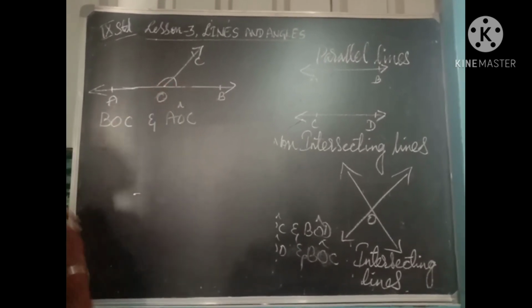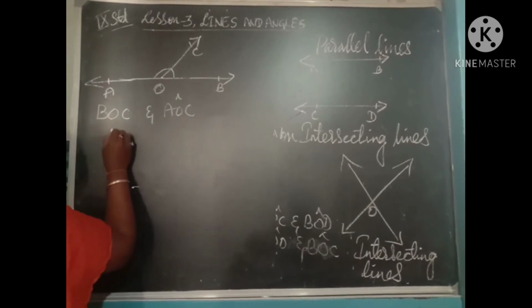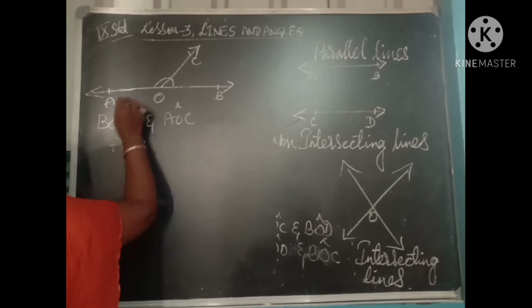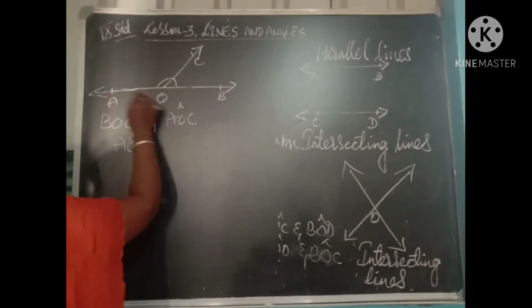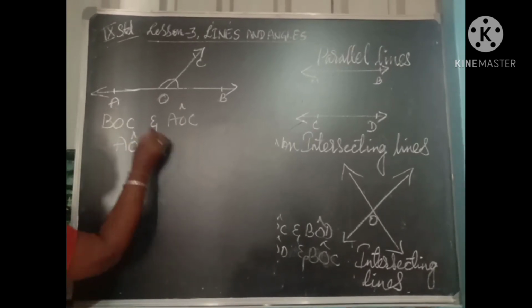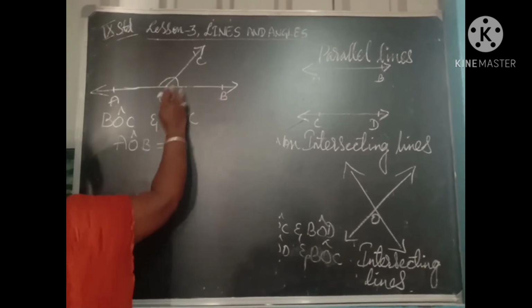These two are called pairs of angles. And what is this? Angle AOB. Angle AOB is equal to the sum of two angles, is it not? Children, listen, all of you.